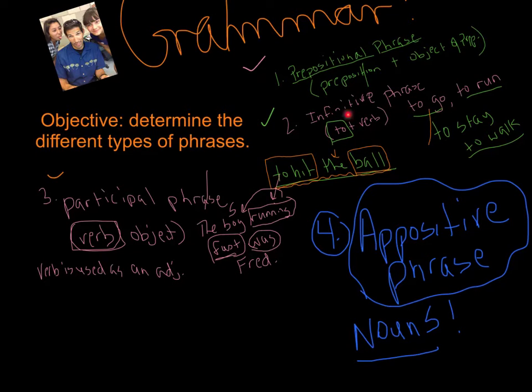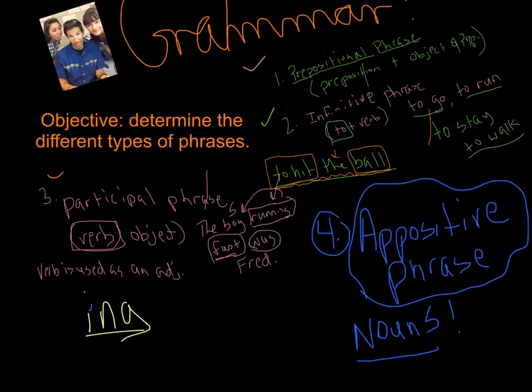So anytime you find the preposition to in a sentence, just look directly behind it and see if there's a verb. If there's a verb, it's infinitive. If there isn't, it's prepositional. And your next one is participle phrase, and that one always starts with a verb. And usually, a lot of times, it'll end with the ing ending.